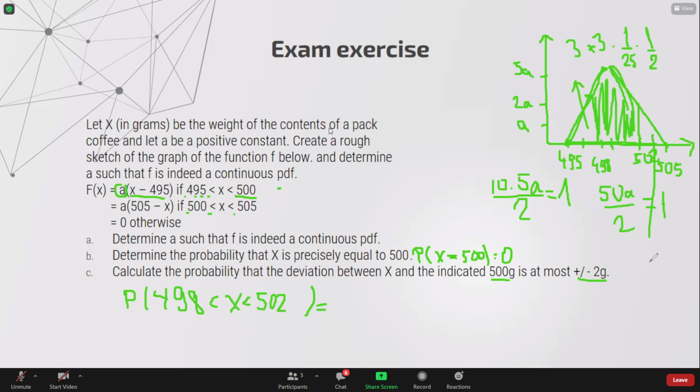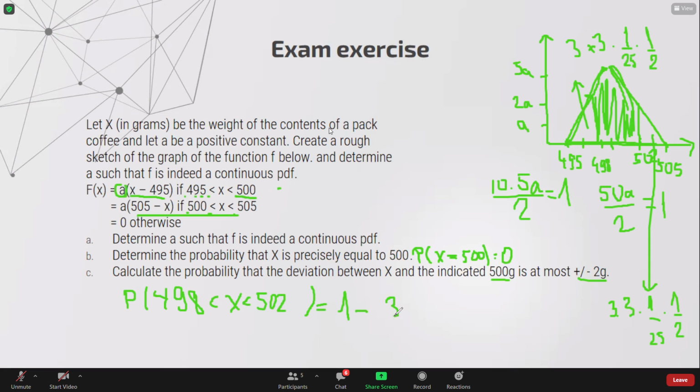The second triangle here, it's that side, which is also 3 times also the height, we take 502 and plug it in the second function, it will become just 3 times a. And a we already found is 1 over 25. And then we have divided by 2. And that's the area of those triangles. It's the same. And we have to take 1 minus those two combined.